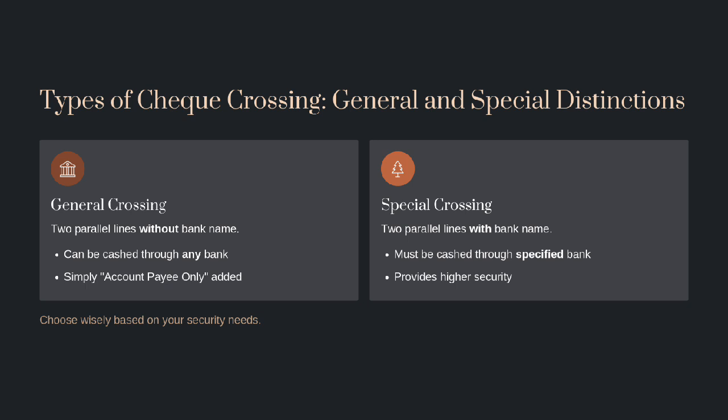Special crossing: for a check to be deemed crossed specially, the banker's name has to be mentioned across the face of the check. In such special crossing, the payee name is denoted between the parallel lines. Section 124 of the Negotiable Instruments Act deals with such special crossing.